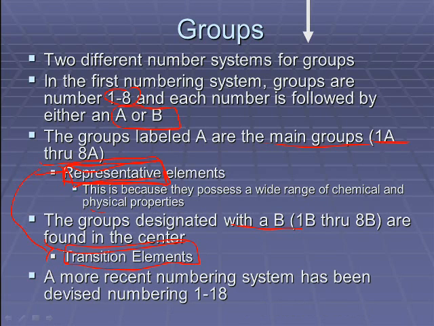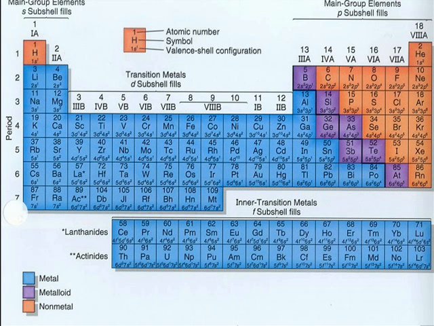Now a more recent numbering system has been devised, 1 through 18. And you will see periodic tables with both those numbers. 1A, 2A, here's the B's. Okay, those are the A's. Okay, here are the B's. And here's 1 through 18.